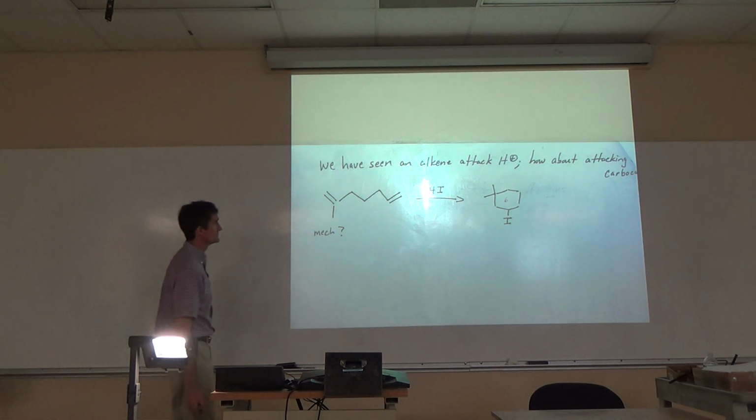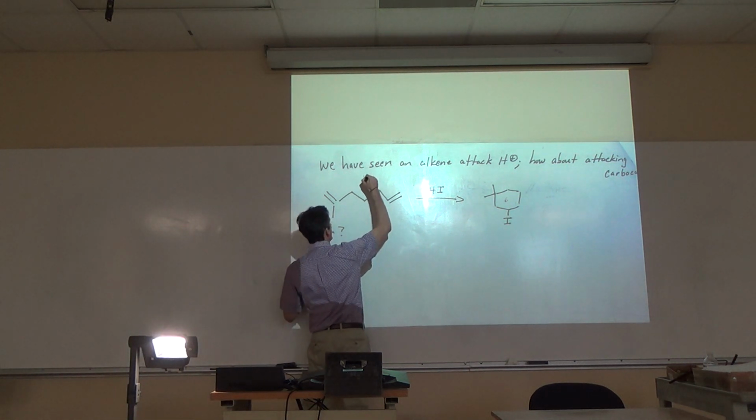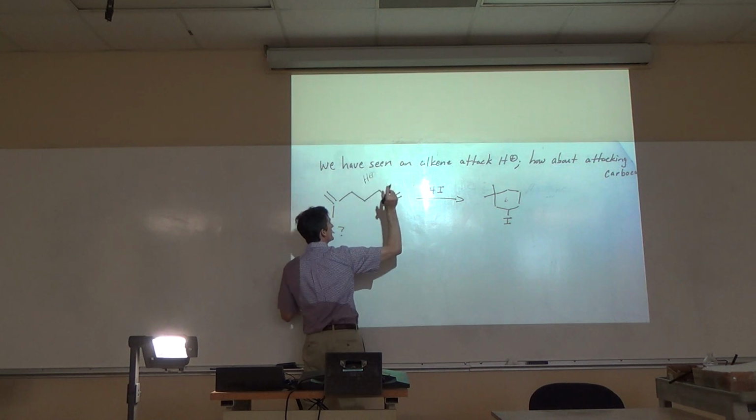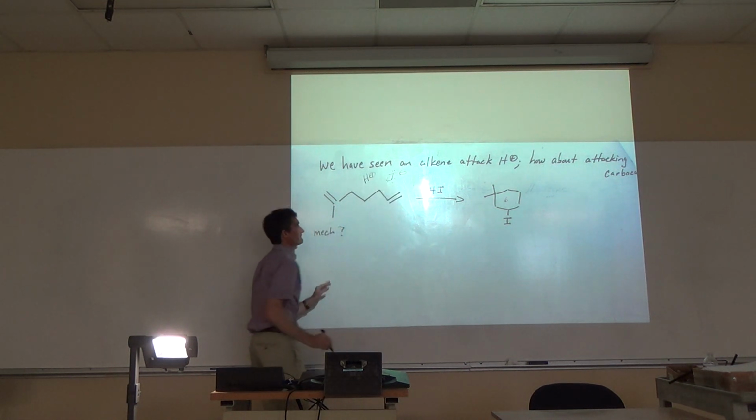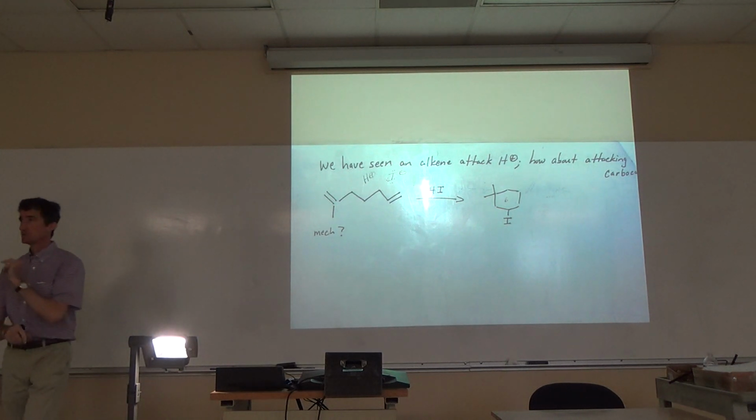Okay, mechanism. Well, all we know so far to start is reacting with H+. We got two alkenes though. Which alkene do you want to react? It's the same as if, okay, top or bottom.